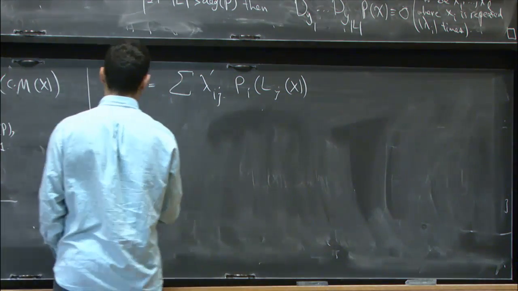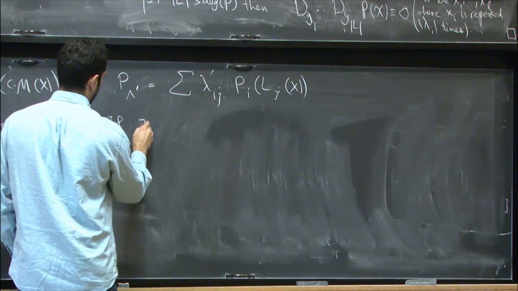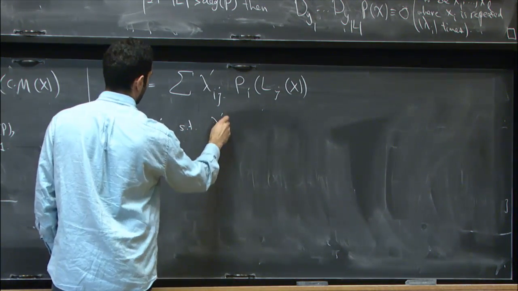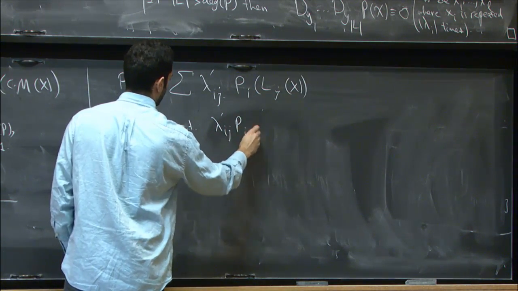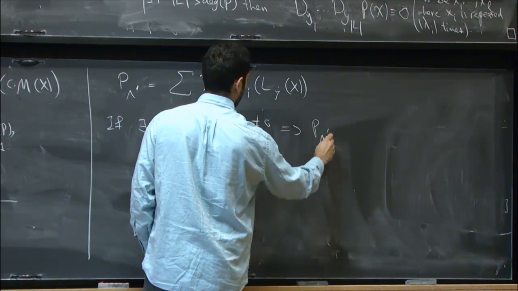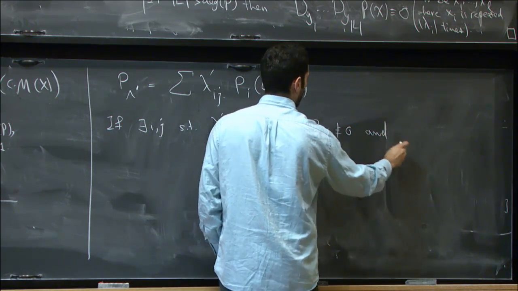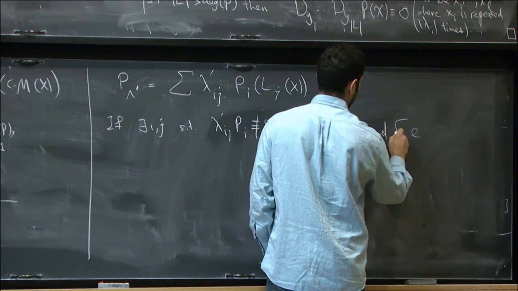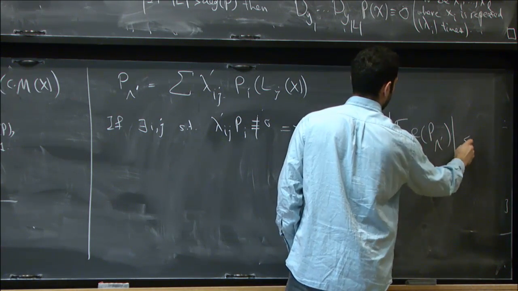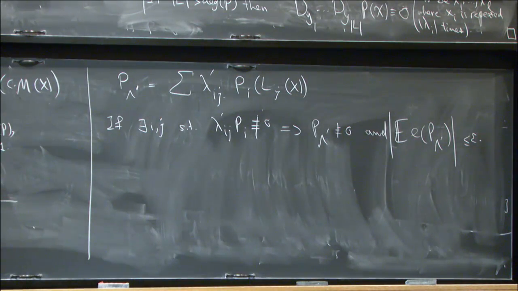So we prove that if there exists ij such that lambda prime ij p_i is not 0, then p lambda is not 0, and the expected value of E of p lambda is smaller than epsilon.